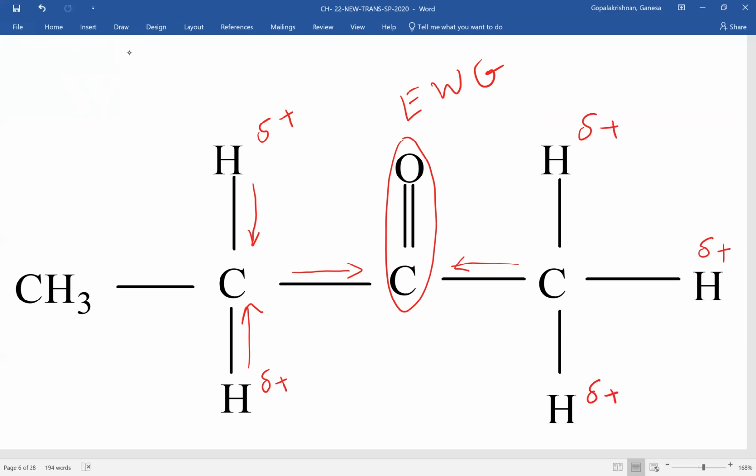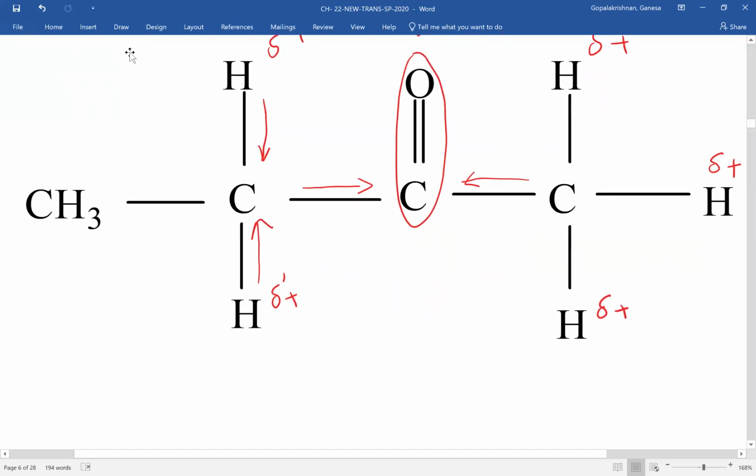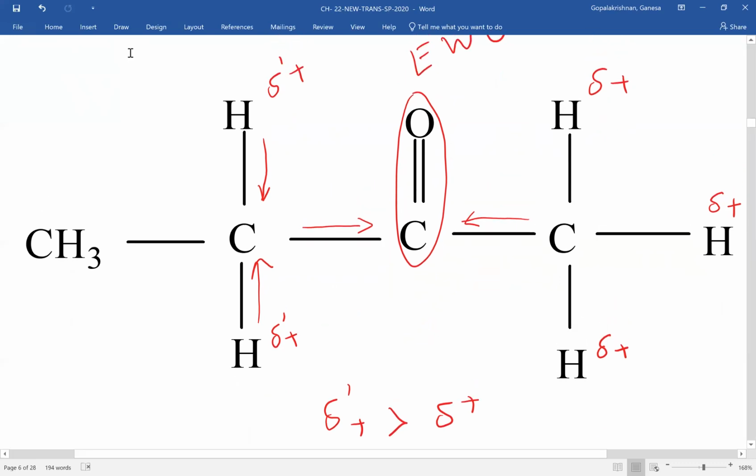But if you compare the amount of positive charge, the positive charge on this one will be slightly higher than the positive charge here. What is the reason?